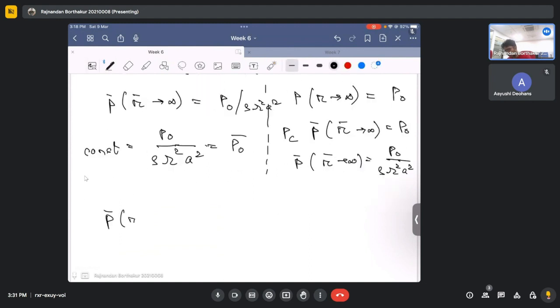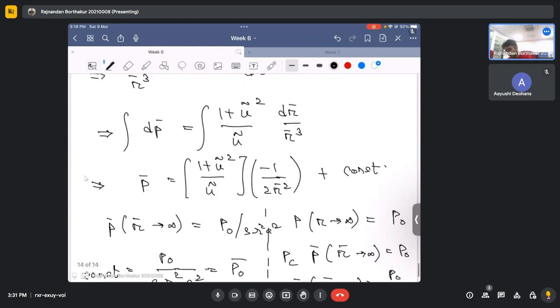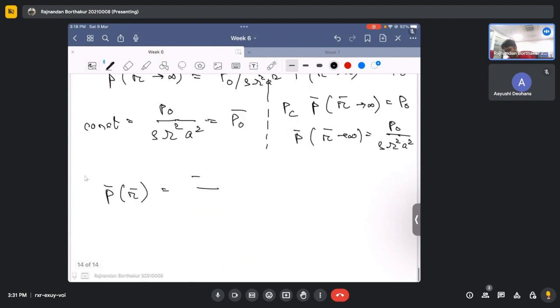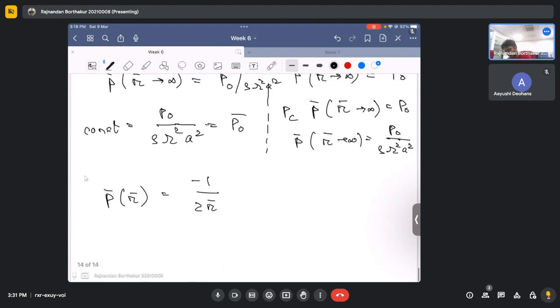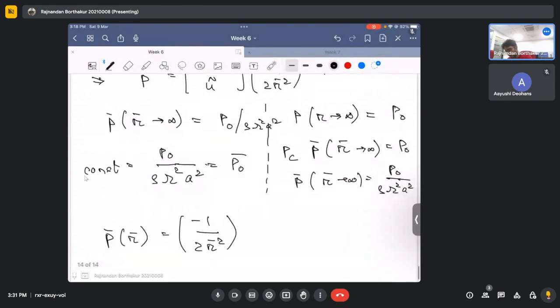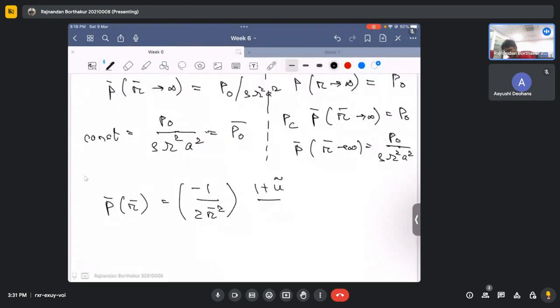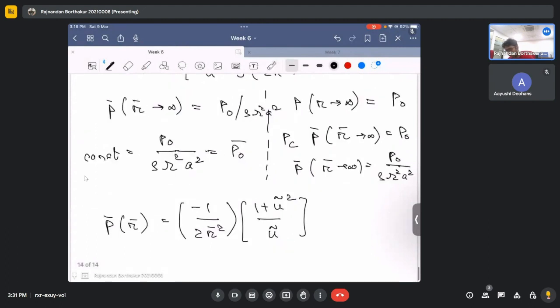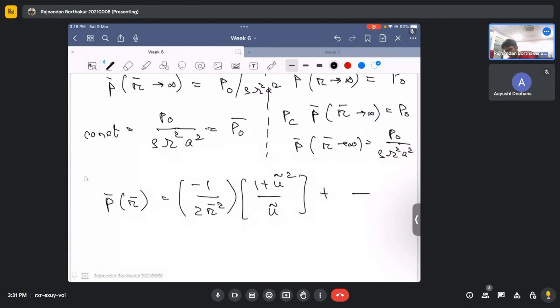P bar as a function of R bar is minus 1 upon 2 R bar squared, into the term 1 plus U tilde squared by U tilde, plus P naught bar, where P naught bar is the scaled atmospheric pressure, as we have pointed out.